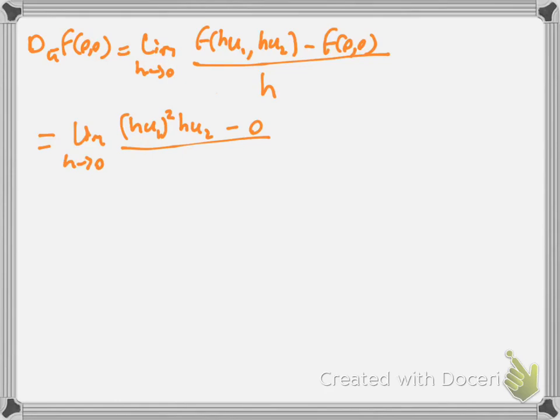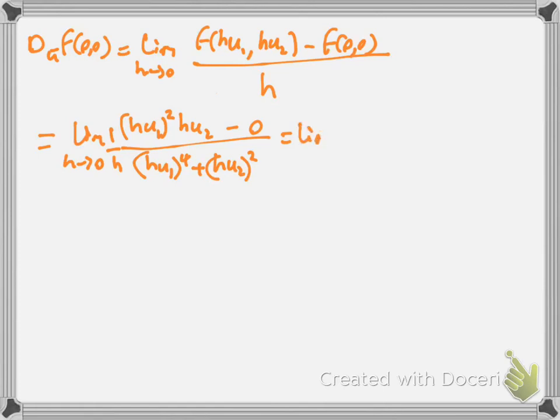The denominator is x to the 4th, so that's hu1 to the power 4 plus y squared, which is hu2 squared. Then we have to divide by h, so we have a 1 over h there.